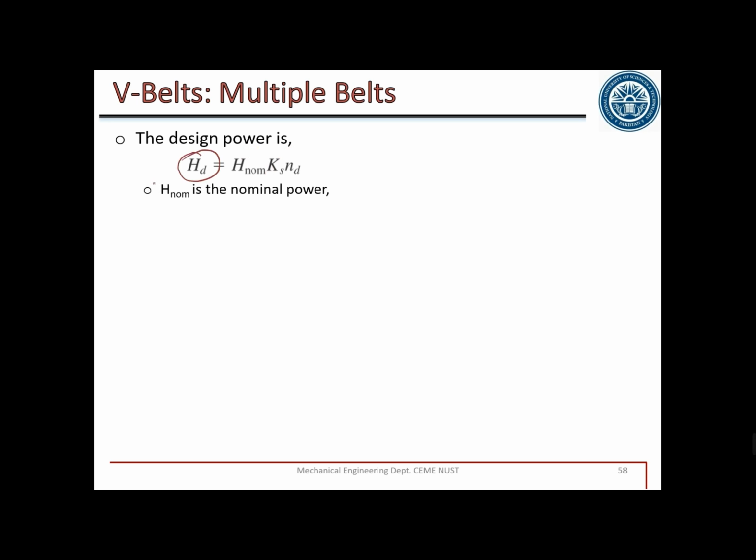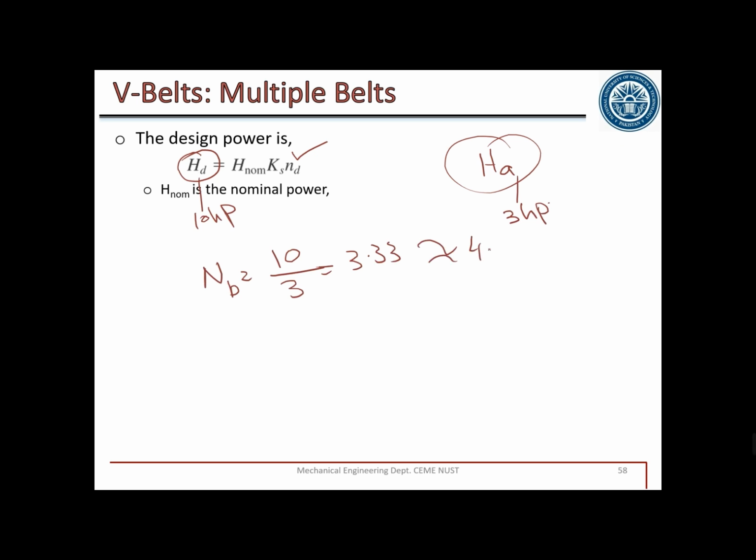Now this is the power our belt system has to transfer, and HA is the power that we have already calculated. It is the allowable power for one single belt. So the maximum power that should be provided by the belt system, and the maximum power that one single belt can provide. For example, if this is 10 horsepower, and one single belt can provide 3 horsepower, the number of belts is equal to 10 divided by 3, or HD by HA, which will give us 3.33, or 4.